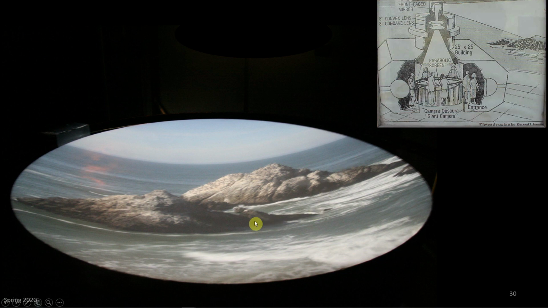A more recent image here in color, and here you can see how it works. The light comes in and goes onto a mirror and you can look at the image. Now it says here camera obscura, and it implies that the translation is giant camera. Well, it is a giant camera because you're inside this room where the image is projected, but actually camera obscura means dark room.